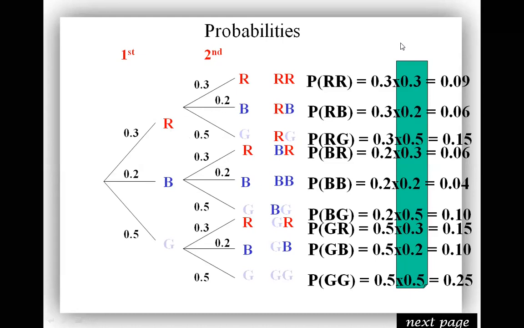We just use decimals here instead of fractions. So if someone wants to write 3 over 10 instead of 0.3, then they can write that.